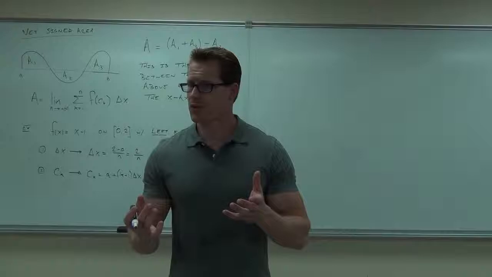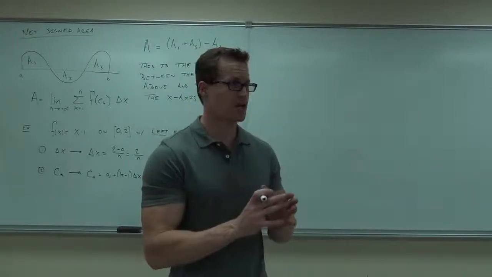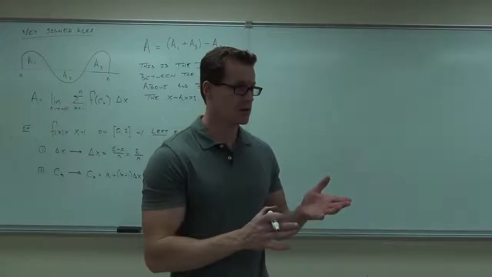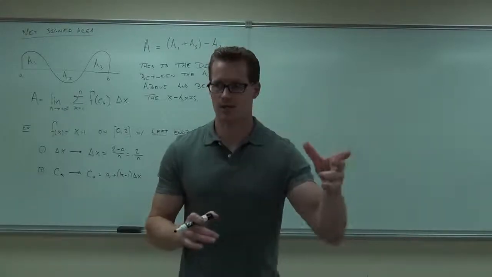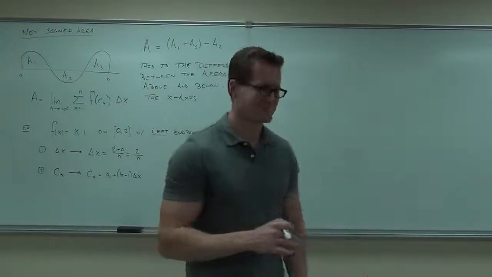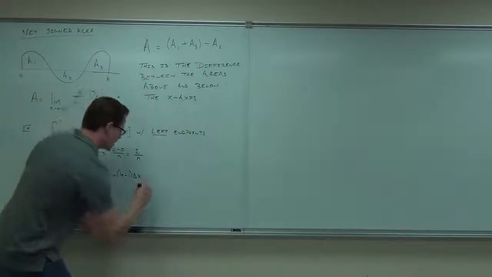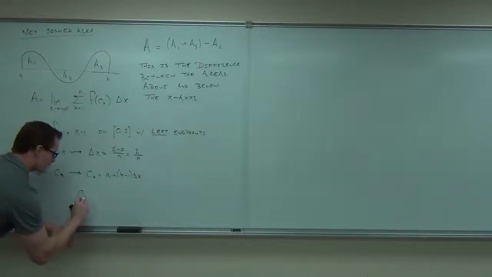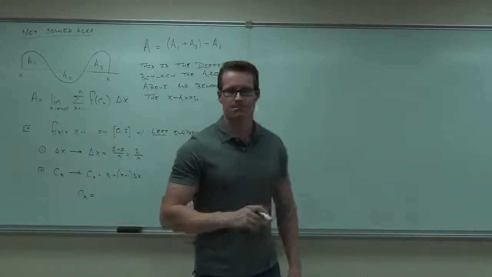Then you fill out everything that doesn't have a k. The k is going to stay. There's nothing you plug in for k. You're going to use that because your summation is using k. So in our case, c sub k is, what's your a? 0. a is where you start.